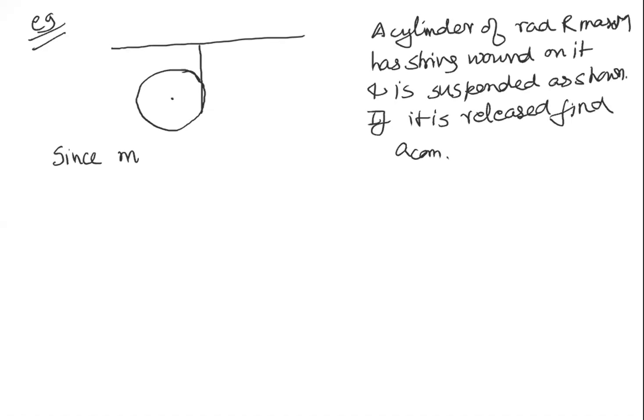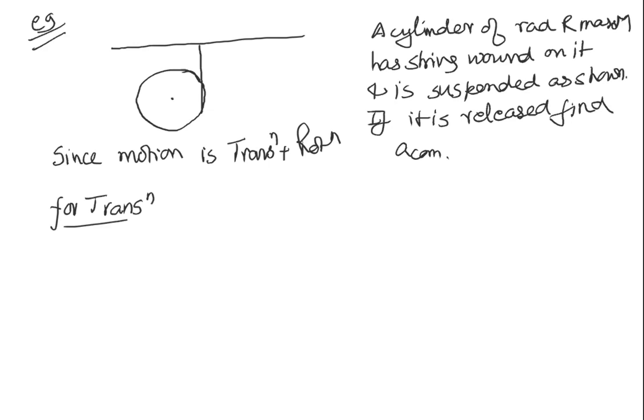Since the motion is translation plus rotation, you forget about the rotation and you look at only the translation of the object. So you are drawing the translational FBD.